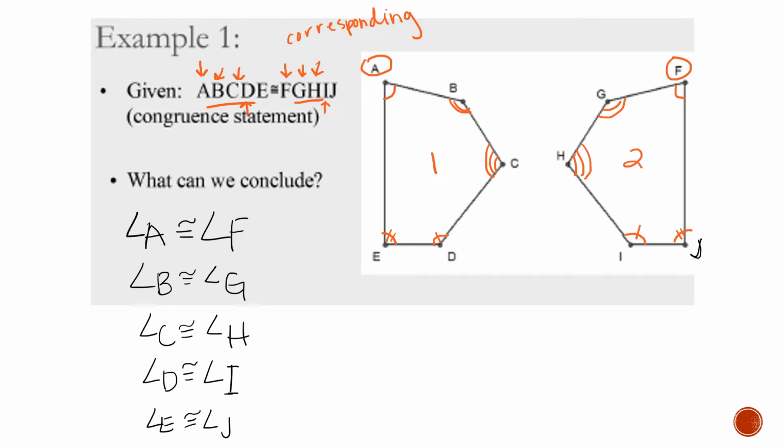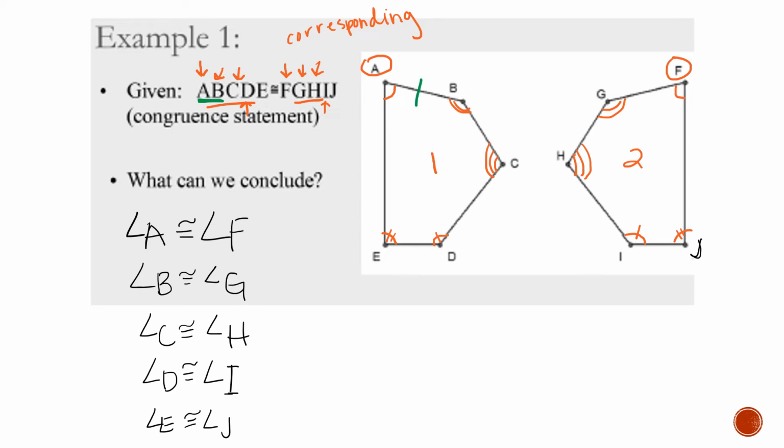Okay, but not only do we know all the angles are congruent, we also know corresponding sides are congruent. So the way we can tell which are corresponding sides, if you look here, A to B would be one side of my figure.